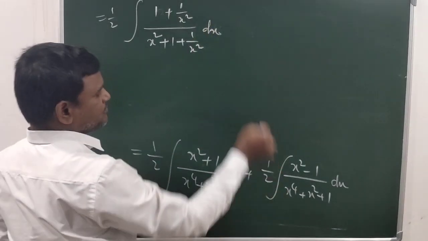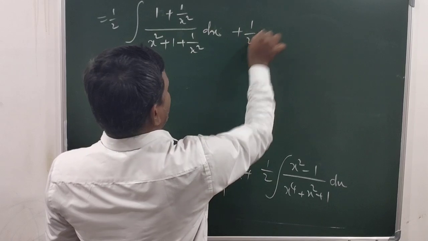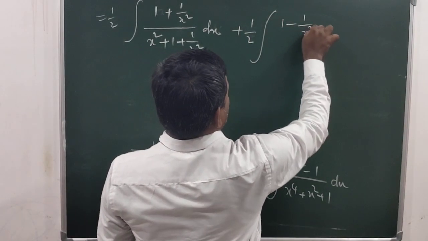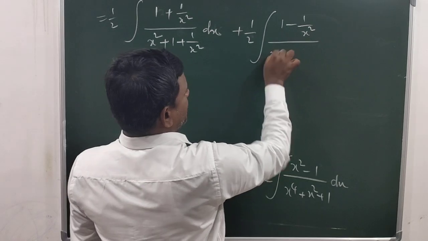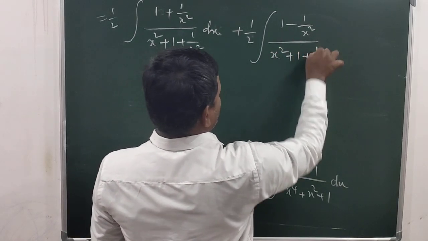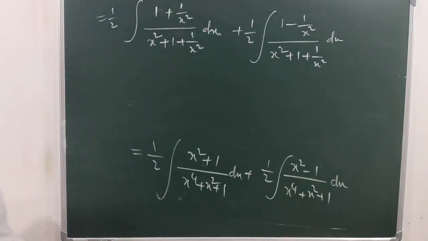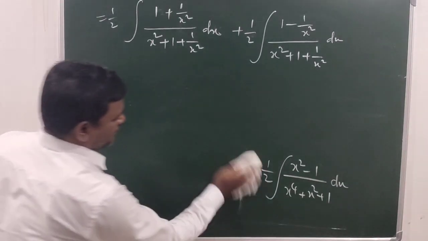Here, 1 by 2 integral of 1 minus 1 by x square by x square plus 1 plus 1 by x square dx. Now what do you do, students, thereafter?